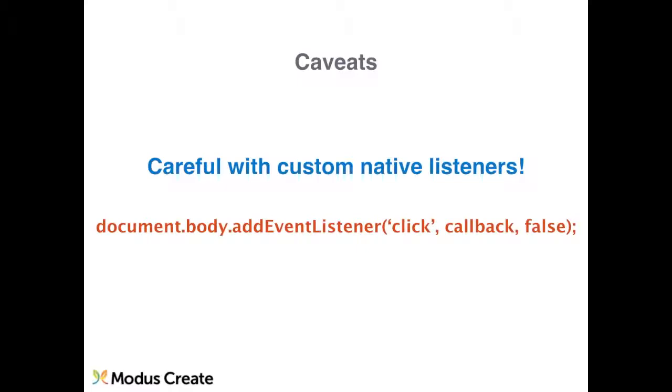Another catch with the event system is we should really be careful about using native listeners, because Ext JS now uses a delegated event model. This means that there is only a single event listener for each event type assigned to either the window or document object.